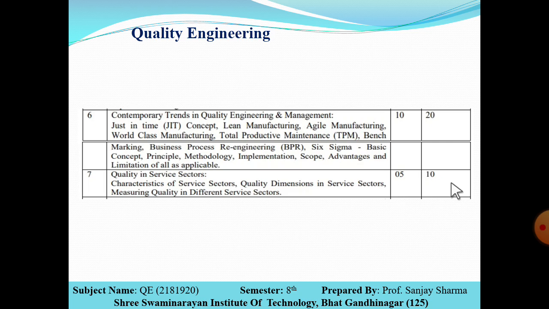Now after going through this syllabus, we can say that after completing this subject, there are a lot of things to do for a mechanical engineer with a quality subject.